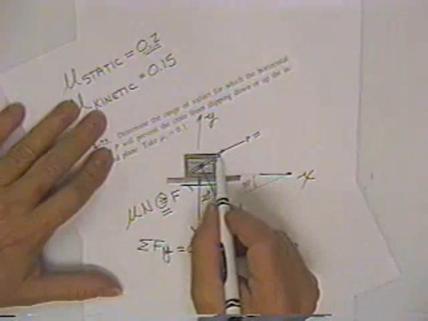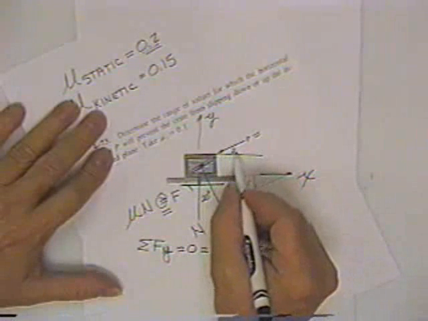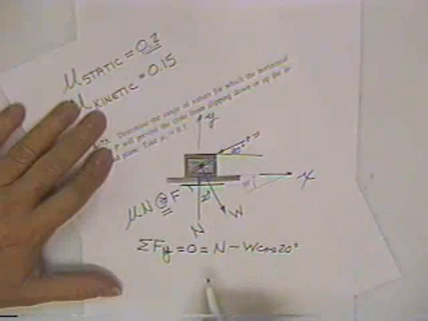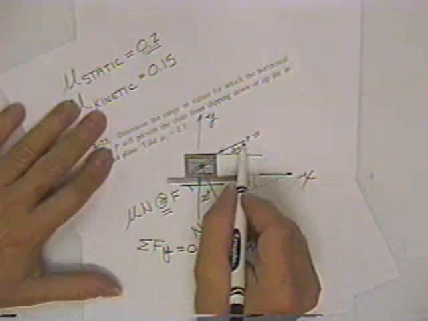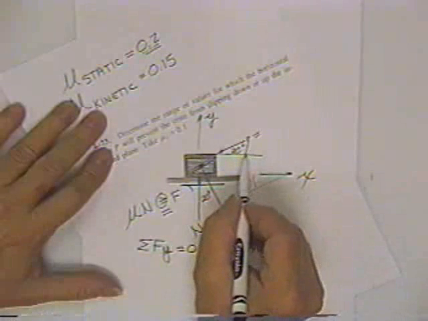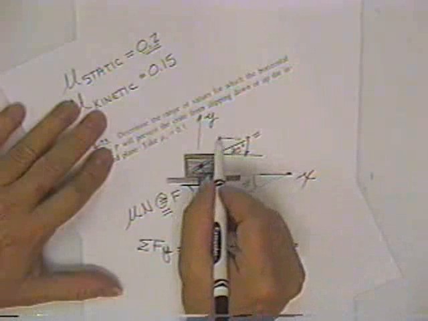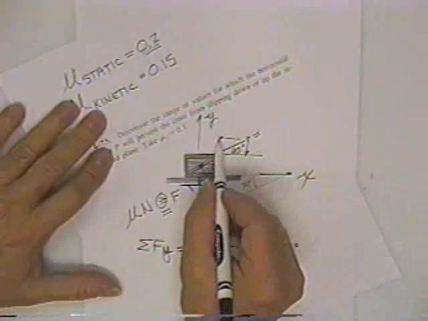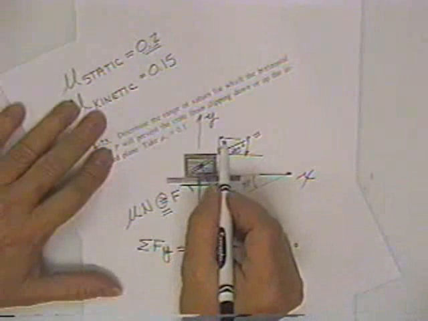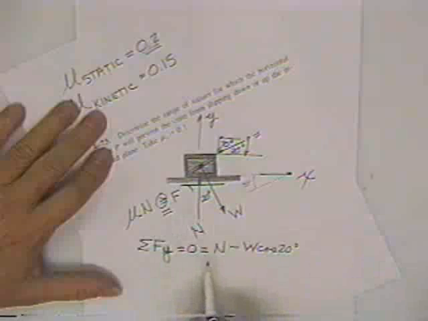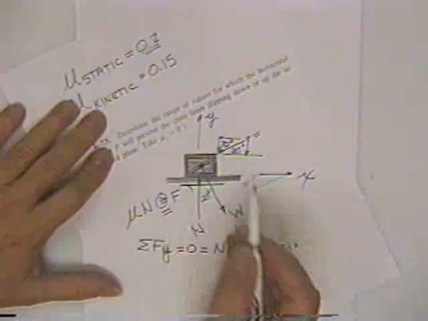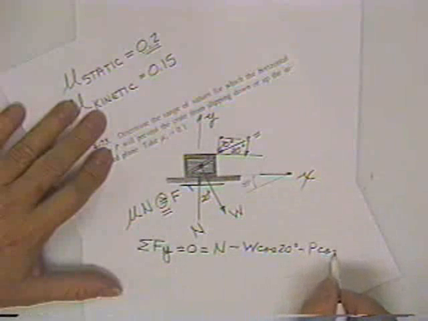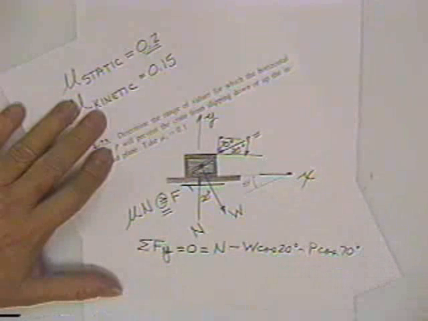Now the P force used to be horizontal, but when I rolled my quiz 20 degrees, the P force rolled up 20 degrees, and that P force has a downward component and a horizontal component. And the downward component, that's 70 degrees in there, would be P cosine 70, and it acts down, so minus P cosine 70 degrees.